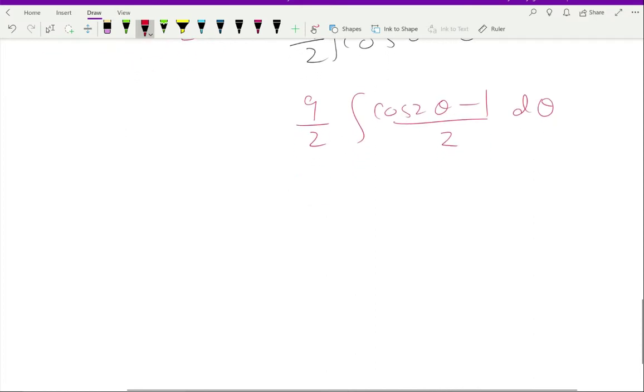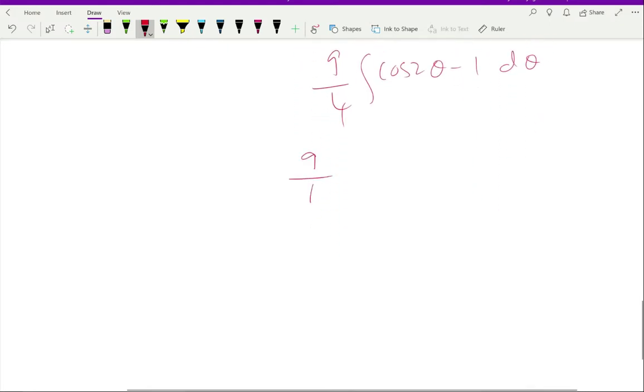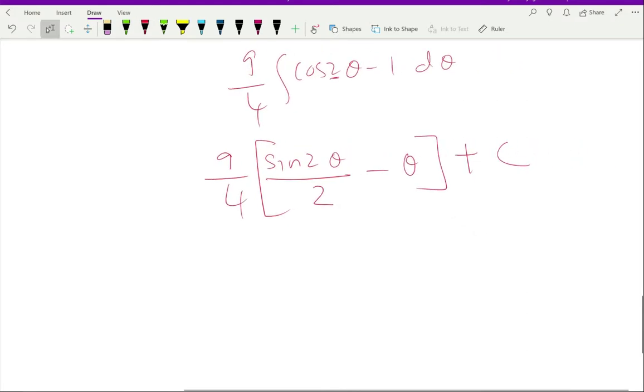So let's take this 2 outside. So then it becomes 9 over 4. You have to integrate cosine 2 theta plus 1 d theta. So 9 over 4, the integral of cosine 2 theta is sine 2 theta over 2, let's have a bracket, because of this 2, plus the integral of 1, which is theta, plus c. Now before we convert this theta into x, I would really like to get rid of the 2 theta terms in the answer.